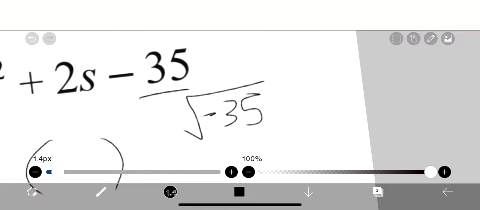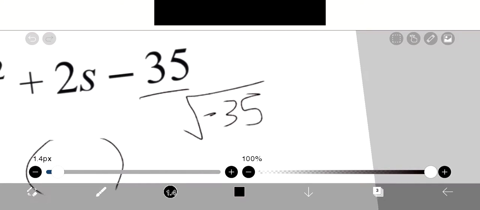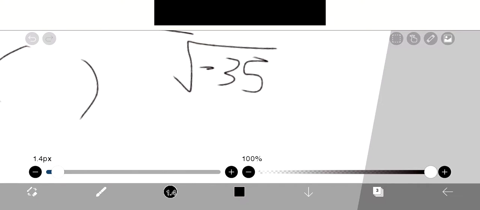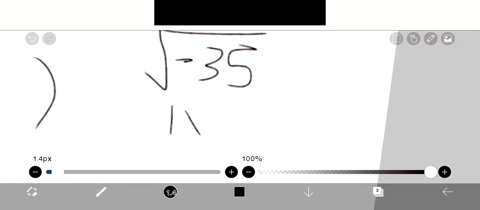So you have negative 35. And judging by how positive 2 is, you have to make sure that your larger number is a positive for the answer to be plus a positive, okay? So let's try this. Negative 1 times 35 gives you negative 35, but it does not add up to a sum of 2.